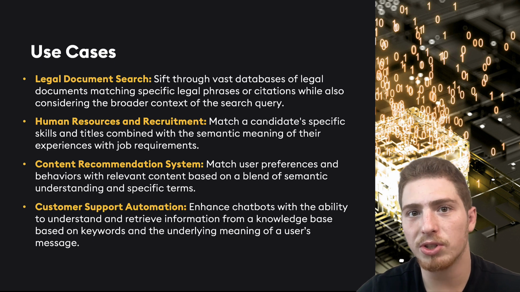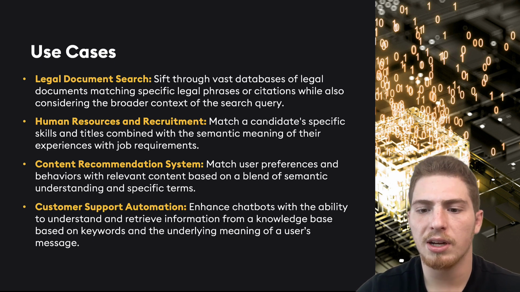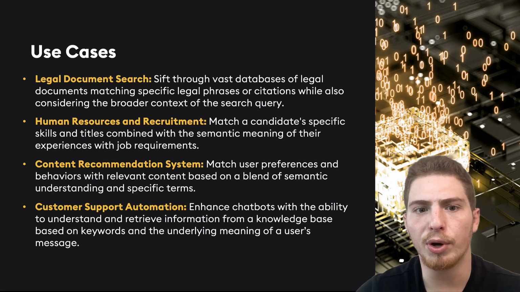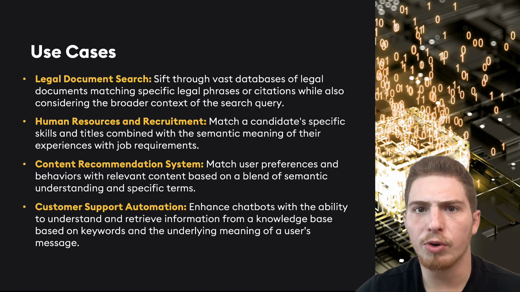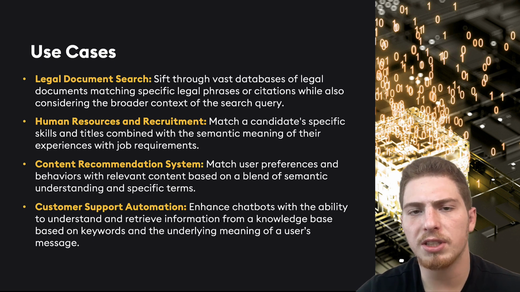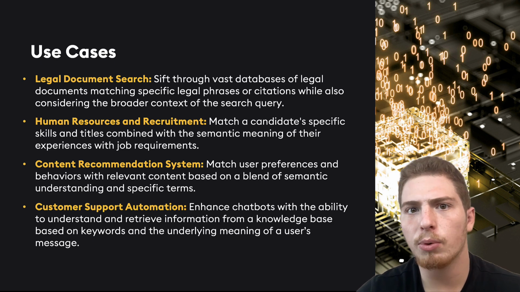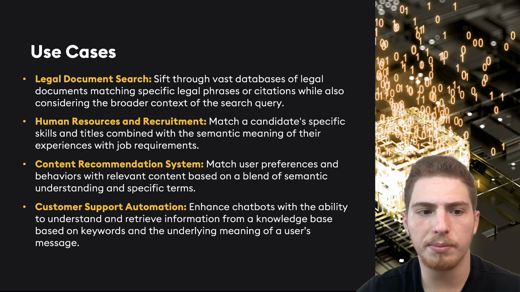And for that, keyword search is going to be extremely useful, and hybrid search is going to be more performant than keyword search depending on your alpha parameter. For human resources and recruitment, often we're looking for specific keywords and specific skills and titles, where keyword search is extremely important, and hybrid search is going to generally perform well.